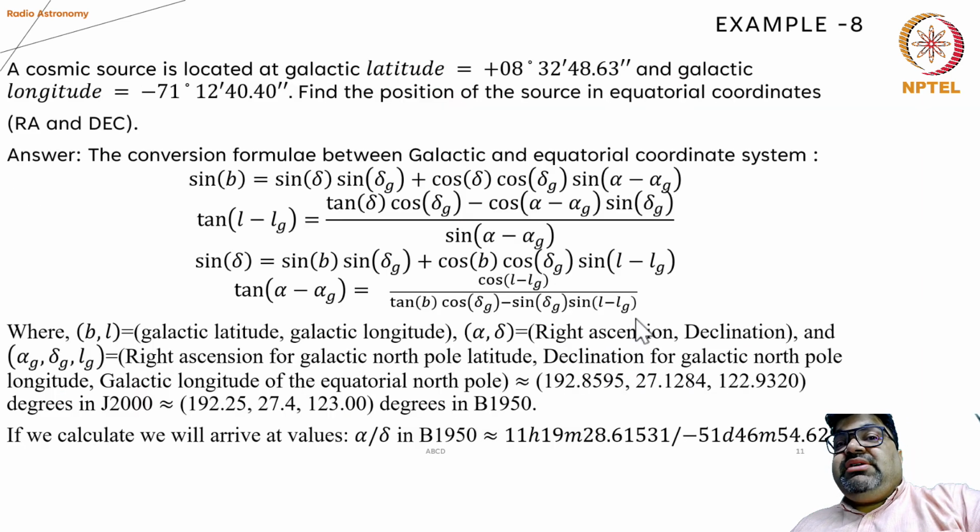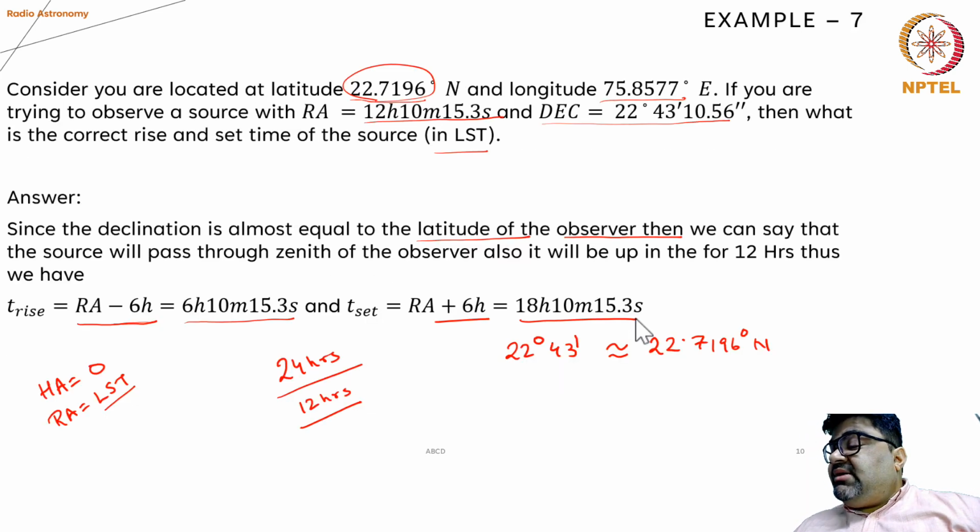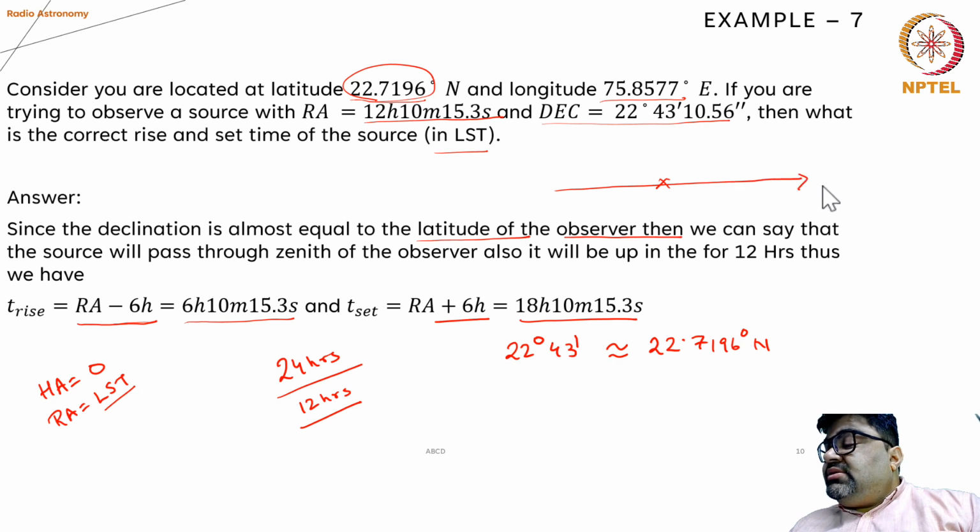So these calculations are very, very powerful. If you simply remember that diagram we did, where you have an observer and you connect the north and the south pole, and the zenith is here, so you draw the imaginary great circle, and this is passing through your zenith.